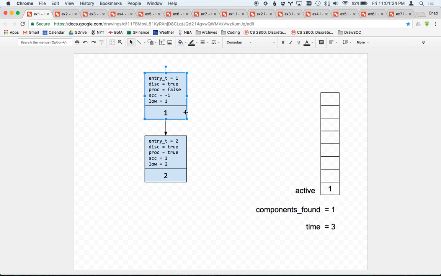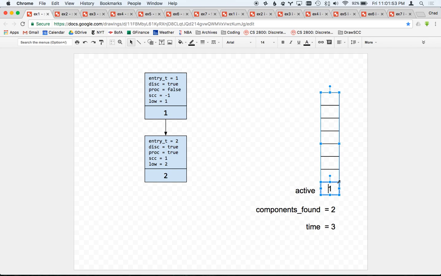Okay, we return to vertex 1 where we were in the midst of processing all edges from vertex 1. Now there was only one edge from vertex 1, so we're done processing all edges from vertex 1, which means we now are going to process vertex 1 late. We first check to see whether low of vertex 1 is equal to itself, which it is, and in that case we are going to pop components, which means we increase the number of components found by 1.